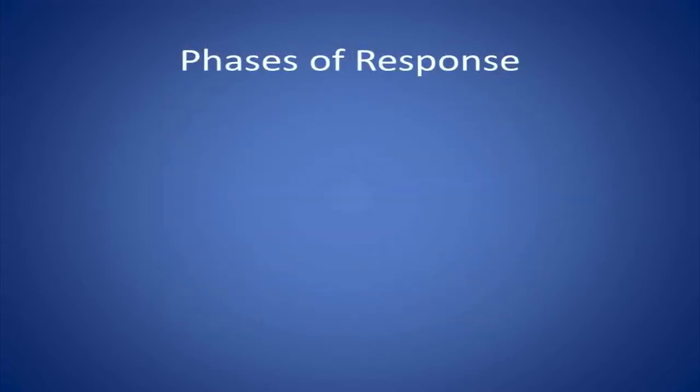So response can be broken down into several phases in an emergency. The first phase is the immediate, or 0 to 2 hours. The primary goal of this phase is assessing the situation. So as a public health professional, you would look at the situation to see whether or not, first of all, you even needed to be involved. What are the potential health impacts and exposure pathways?